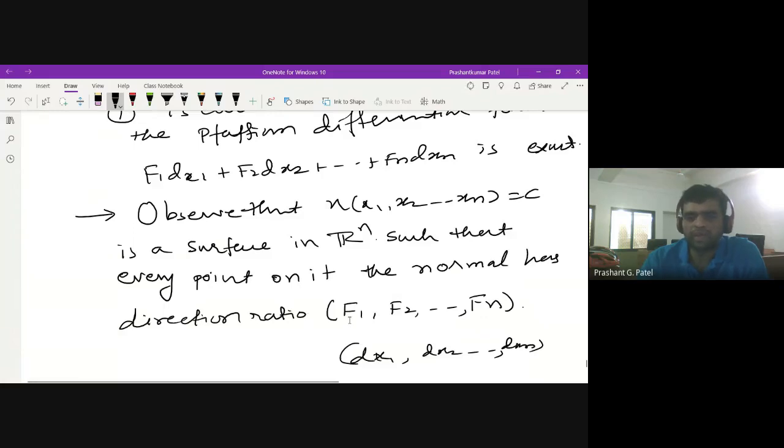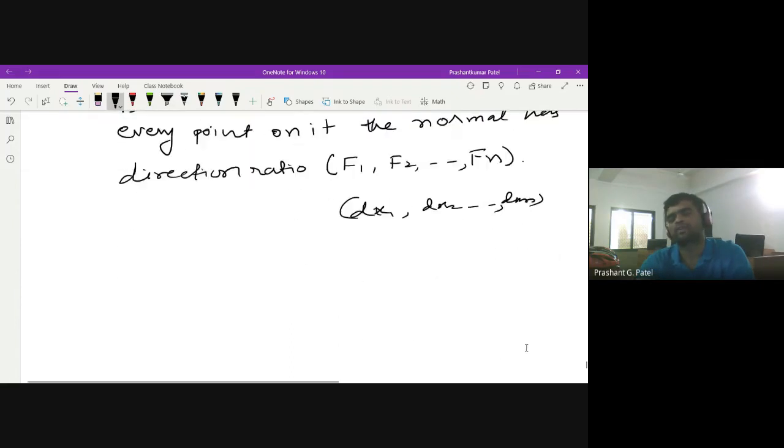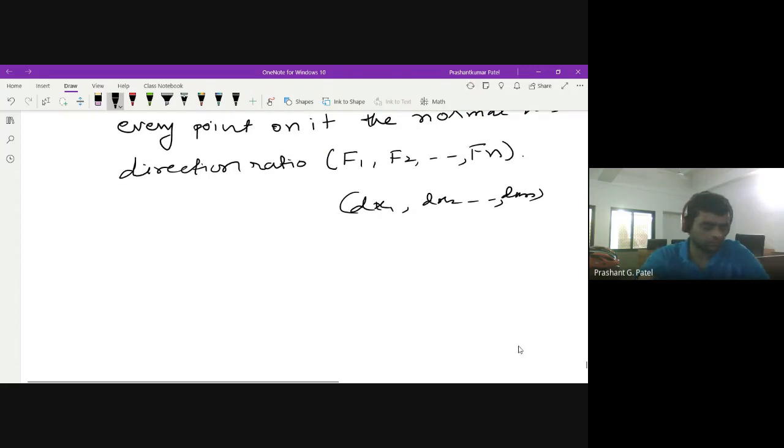That means F1 dx1 plus F2 dx2 up to Fn dxn is 0. So F1, F2, up to Fn is in the direction of the normal, because dx1, dx2, up to dxn is a direction along the tangent, and perpendicular to the tangent we have the normal. So that is what we got.